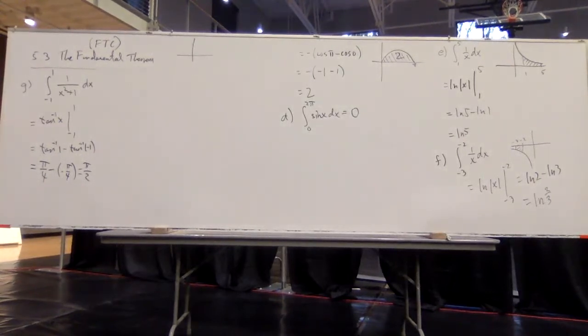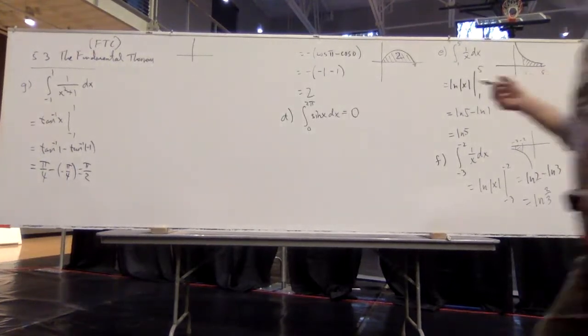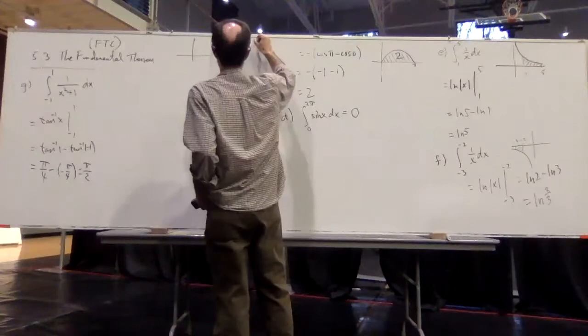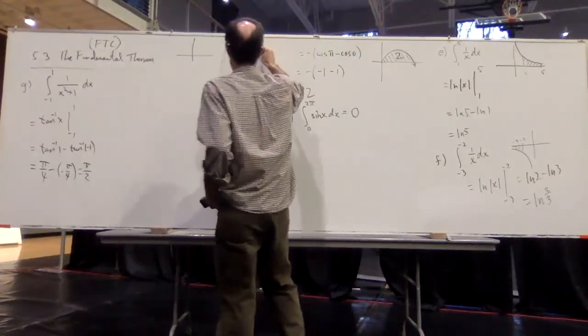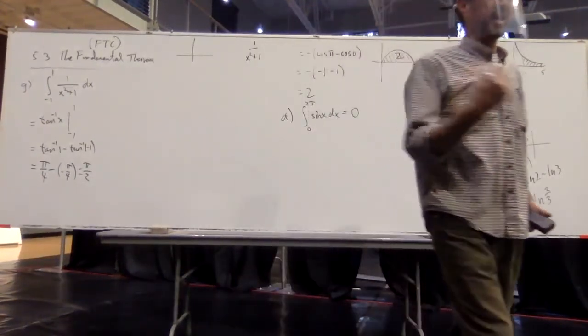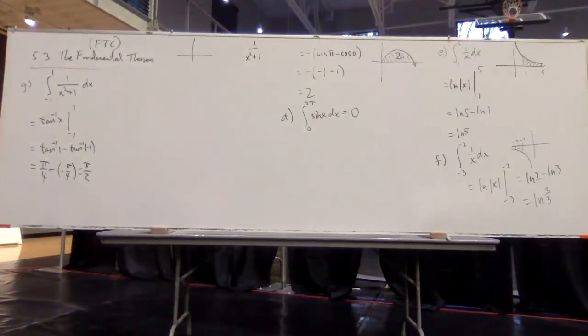Can it ever be equal to 1? We're talking about the function 1 over x squared plus 1. Is there any x that makes it equal to 1? Yeah, 0. So at x equals 0 it's 1, and for all other values it's less than 1. What's the limit as x goes to infinity?